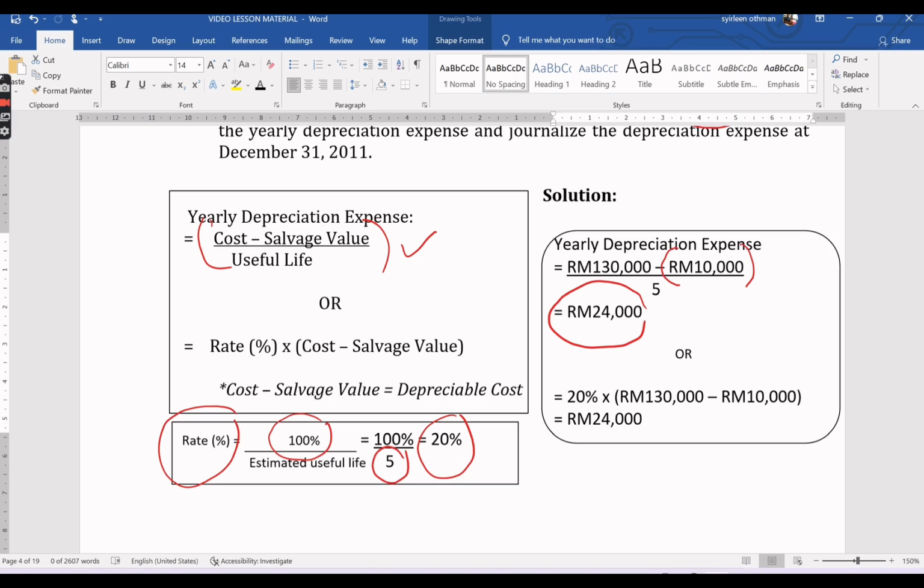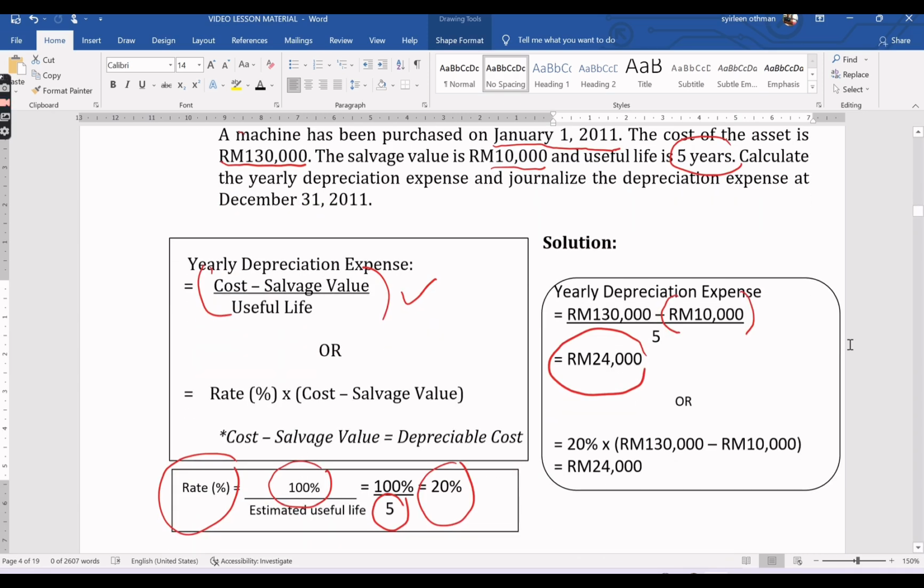That means every year, starting from 2011, the depreciation expense for this machine is 24,000. 2011 is 24,000, 2012 is also 24,000, until 2015 will still remain as 24,000. So this is when I directly use the formula given.